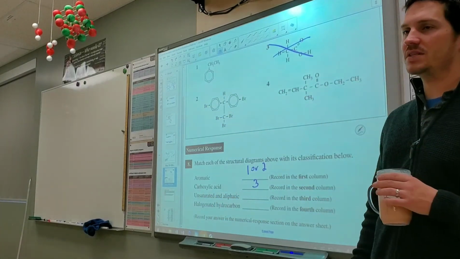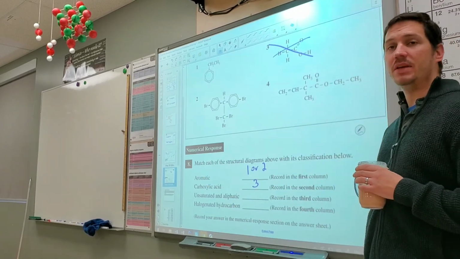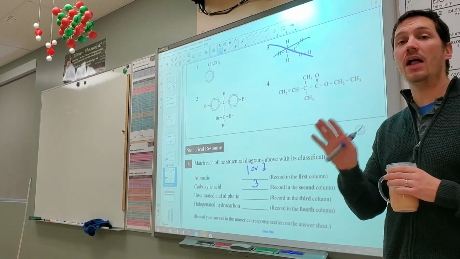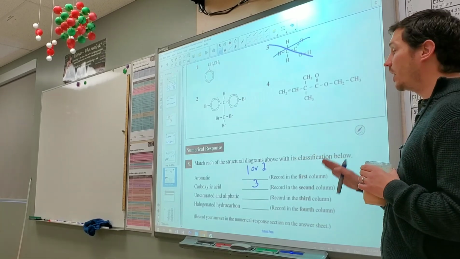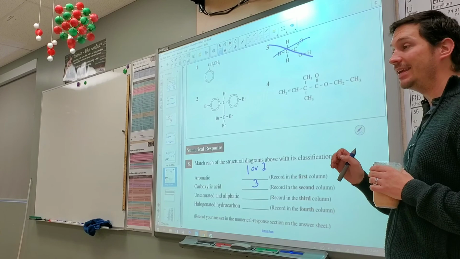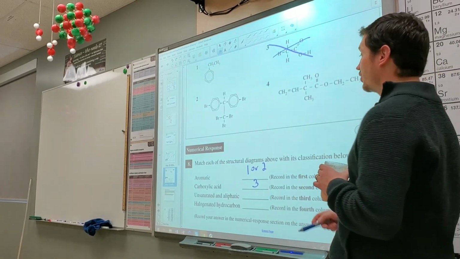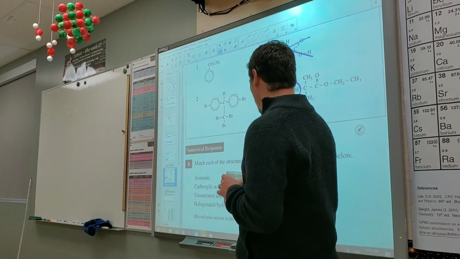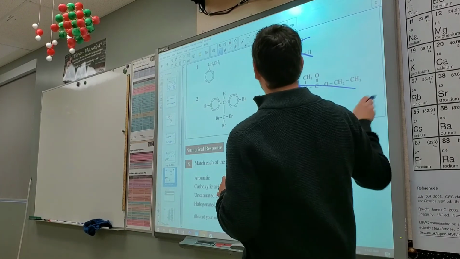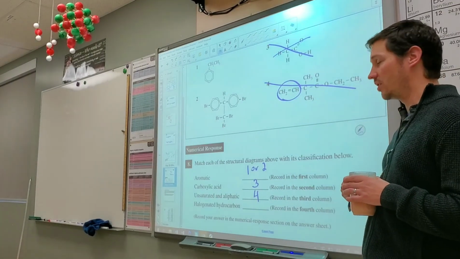What does that word mean, unsaturated? It means alkene or alkyne. Do you see anywhere in here an alkene or an alkyne? I for sure see an alkene. That's a carbon-carbon double bond. So 4 is right there. Okay, so it's gone.